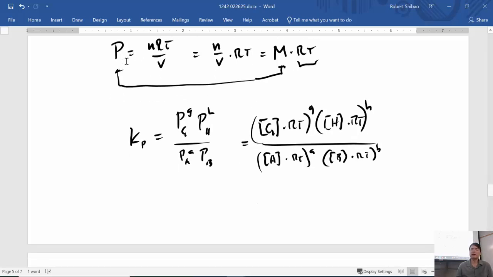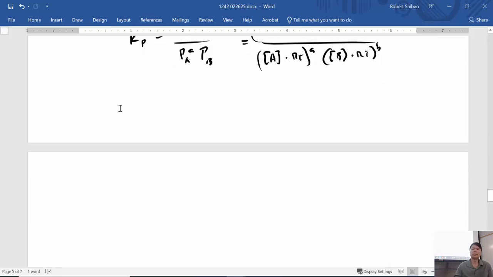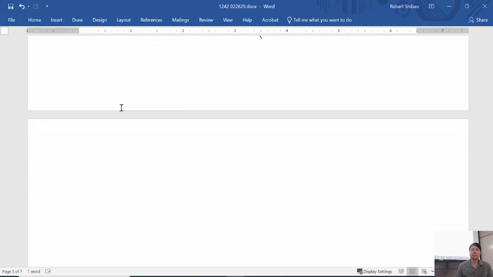So we're just going to factor out the RT's terms here. So this is going to equal the concentration, and I'm going to distribute the G here. Just do a little bit of simplification here. And so when I multiply, I add them up.